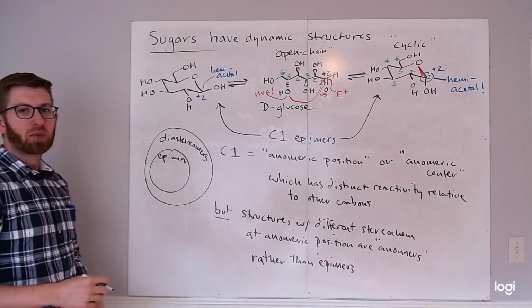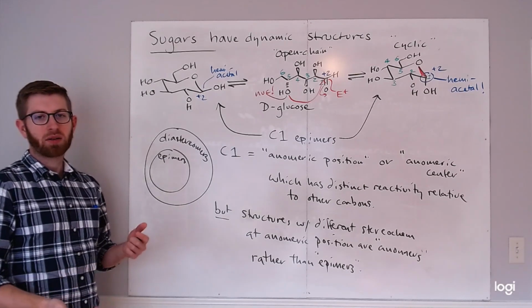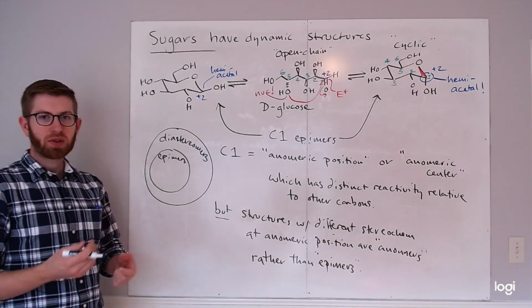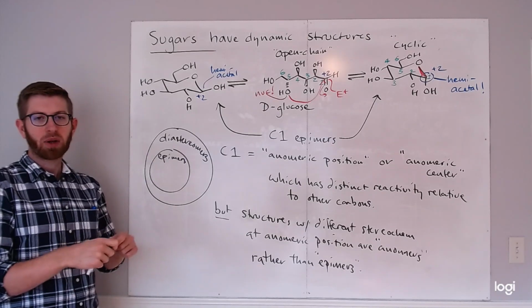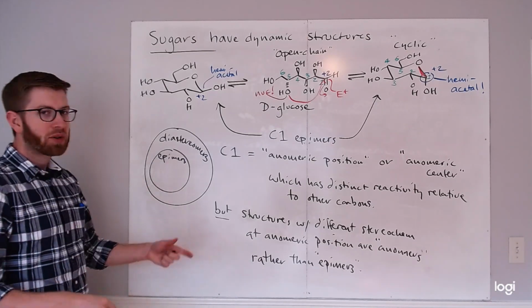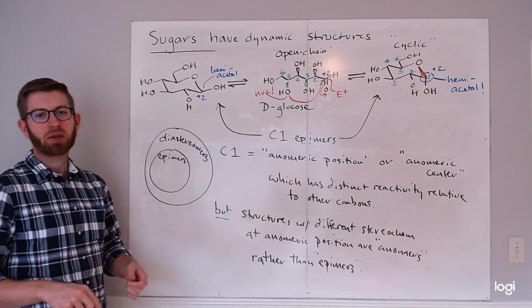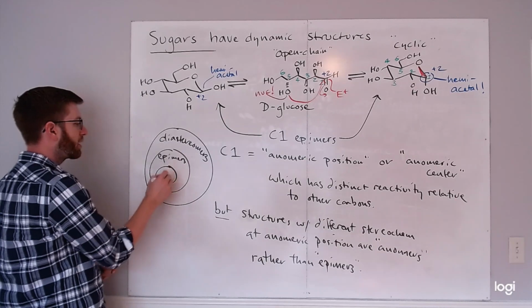Diastereomers are when some but not all of my stereocenters are opposite or changing, going from one structure to another. Epimers is a situation where I've got one position of stereochemical difference out of many possibilities. And anomers are even more specific. Now I'm actually prescribing where that stereochemical difference has to reside: at the anomeric position. So anomers goes entirely inside epimers.